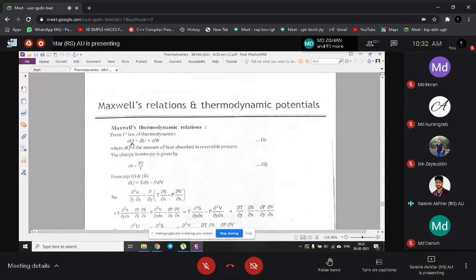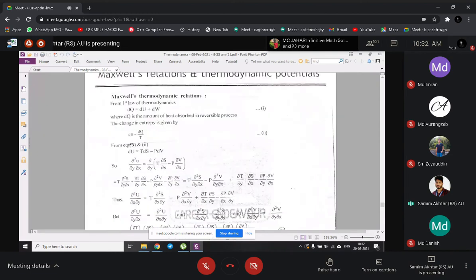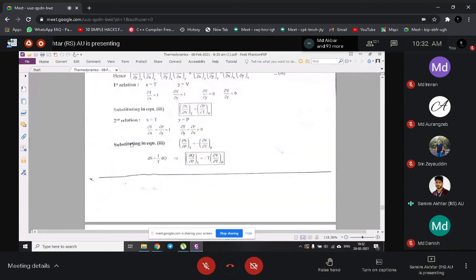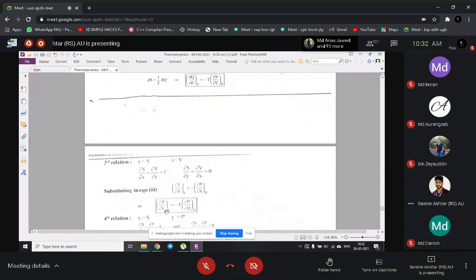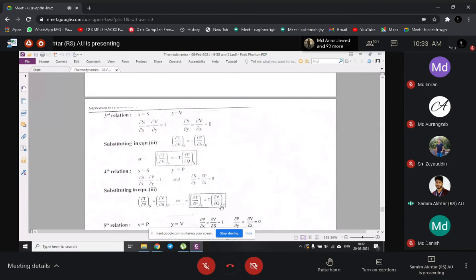So there are some relations called Maxwell's relations, basically the four Maxwell relations in thermodynamics, and no derivations have to be done. Okay, just write down the four Maxwell relations: first, second, third, and fourth relations. Just the expression.